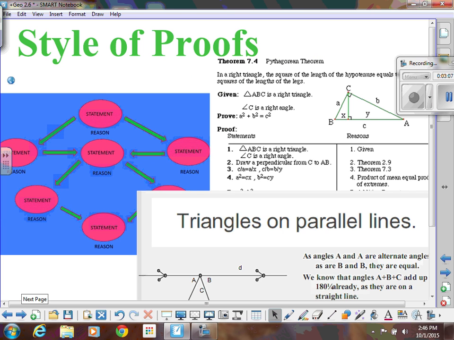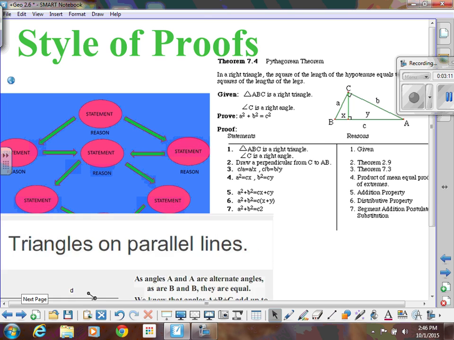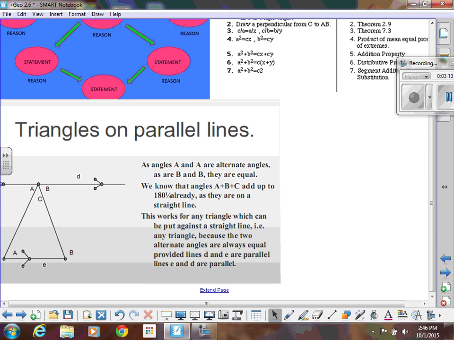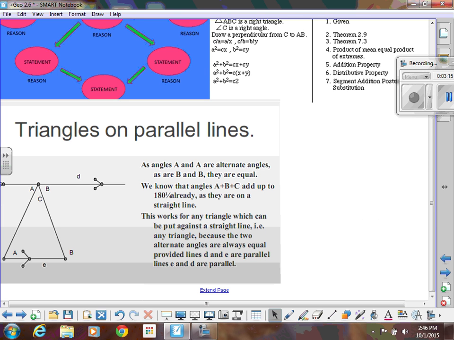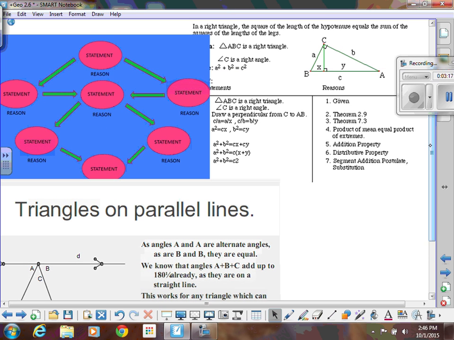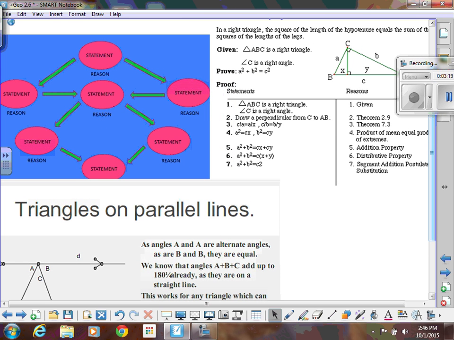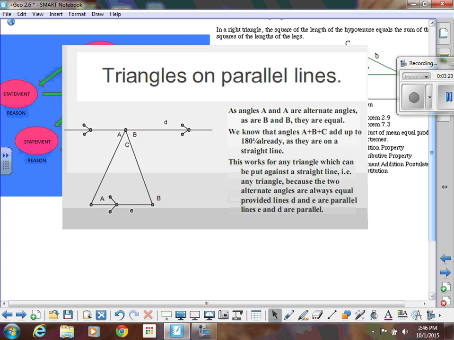So as I said before, we have three different kinds of proofs. The kind we did with algebra was that two-column proof, and that looked like this. Here, let me move this back up. So it looked like with the statements and the reasons and all that stuff. And I said there's another kind that's a paragraph proof, so that looks like this. Notice there's a lot of words.